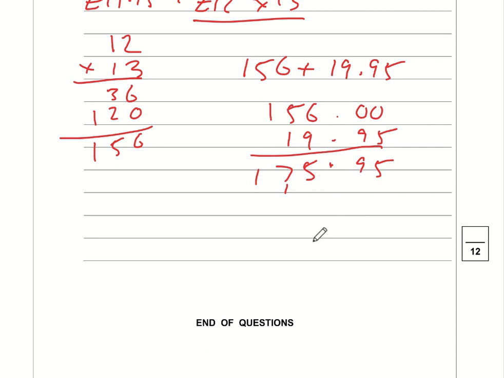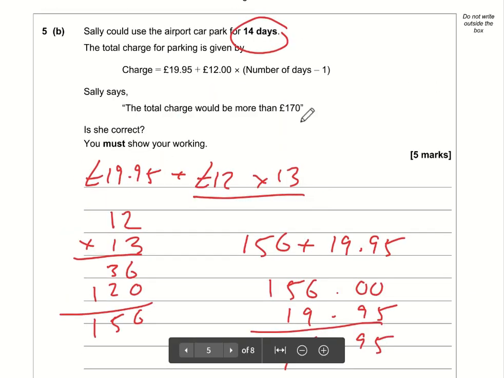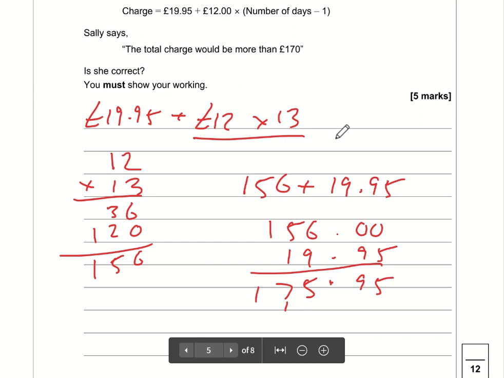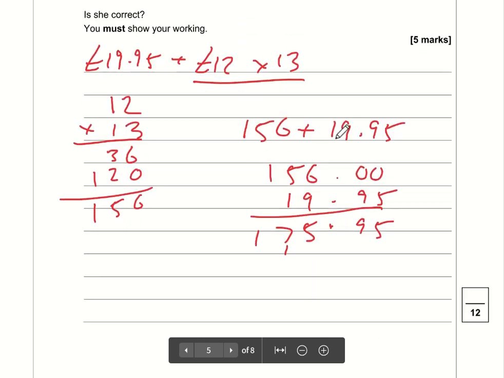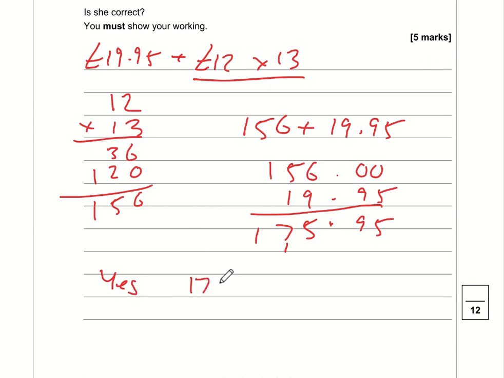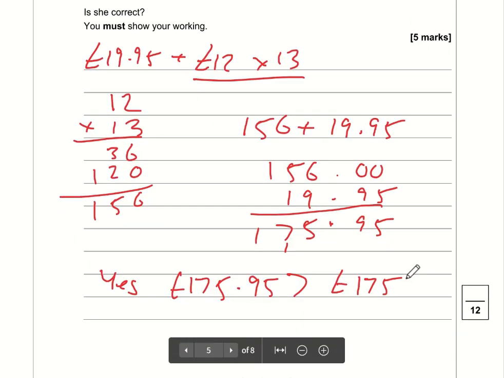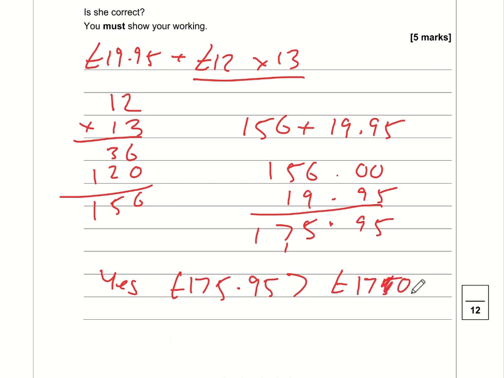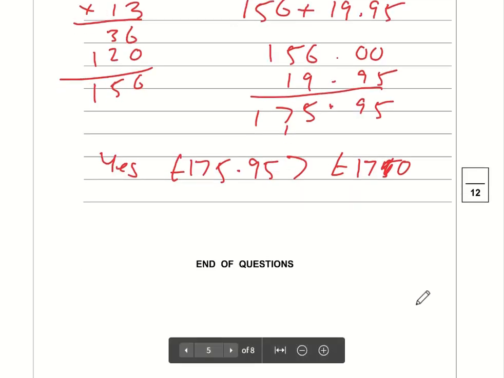So £175.95. And what was the actual question again? The total charge would be more than 170. Is she correct? Yes, she is correct, because £175.95 is greater than 170. There we go, and that is the end of the questions.